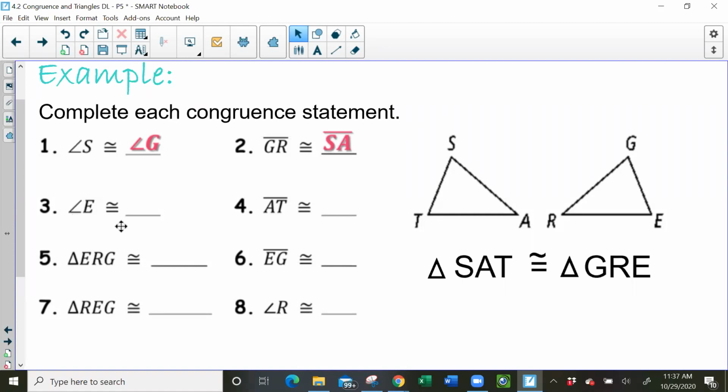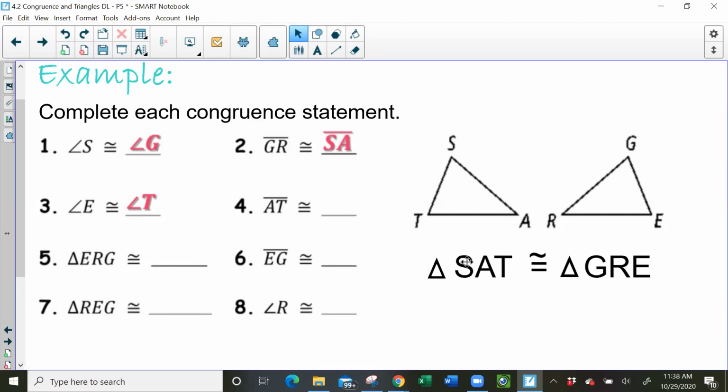Number three, angle E corresponds to what? Very good, angle T. And again, you can see this from the congruence statement that they gave you.